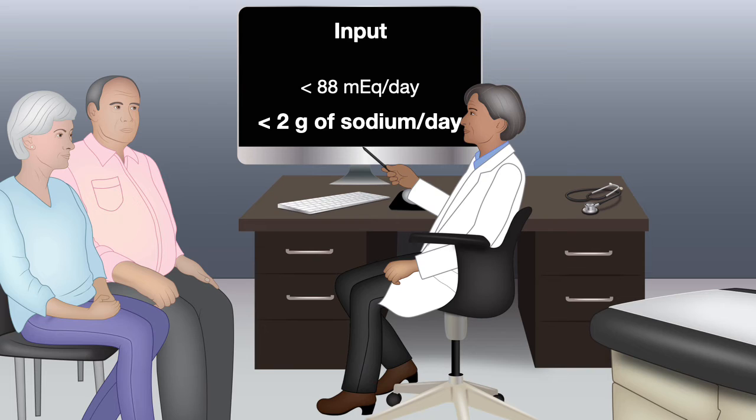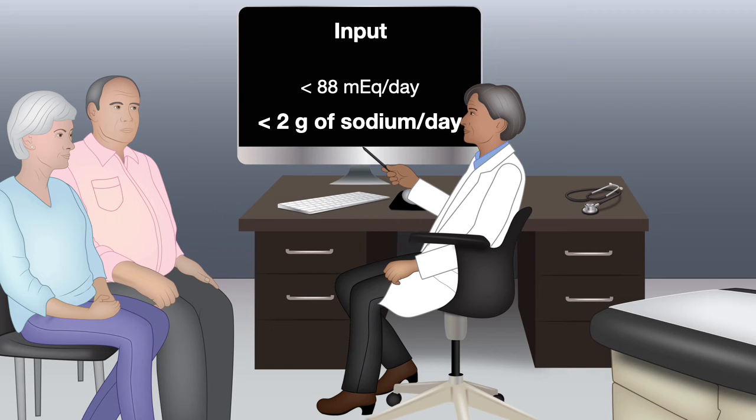So if you restrict somebody's salt intake to less than 2 grams, and if their kidney function is in good shape and they're able to excrete between 70 to 90 millimoles of sodium per day, by restricting the salt intake, you could actually manage that ascites with dietary restriction.